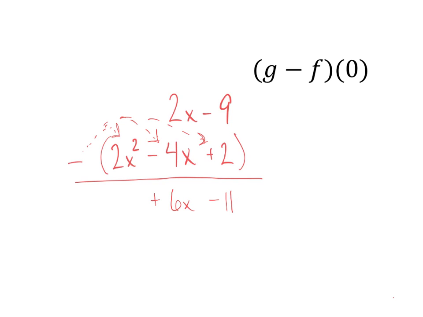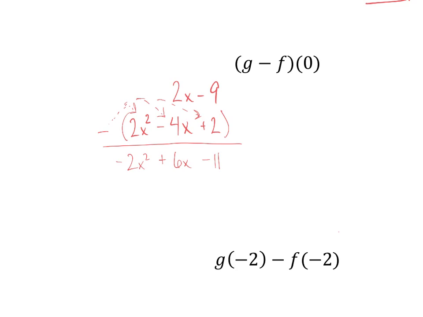And this negative distributes inside of this parentheses here and gives us a negative 2x squared. And now what we're going to call this function is our g minus f of x function.